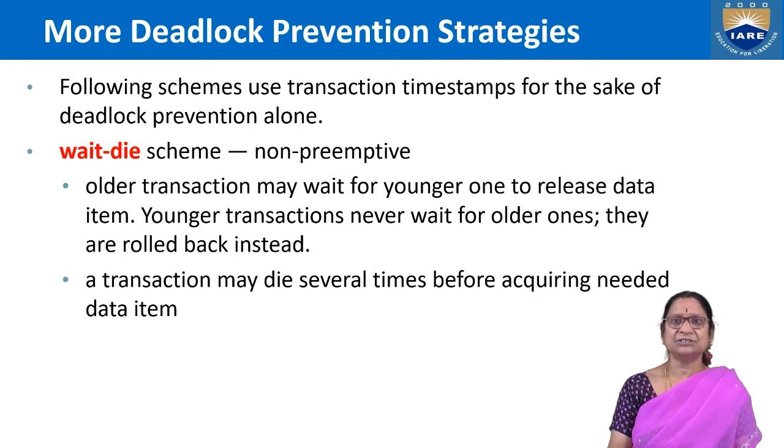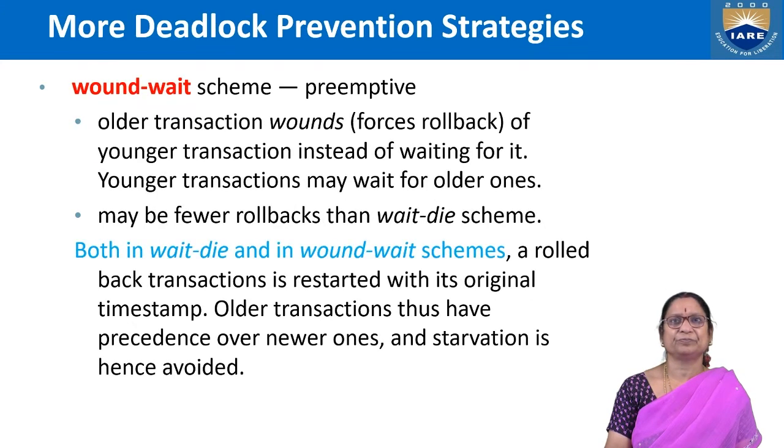Generally, a transaction may die several times before acquiring the needed data items. Because older transactions take more time to complete, the younger transaction will keep on rolling back because of the timestamp. It won't get a data item which is held by the older one. So the same younger transaction may be rolled back multiple times.